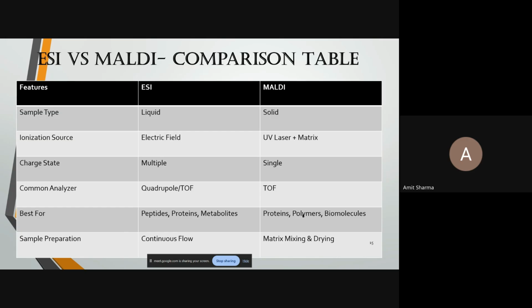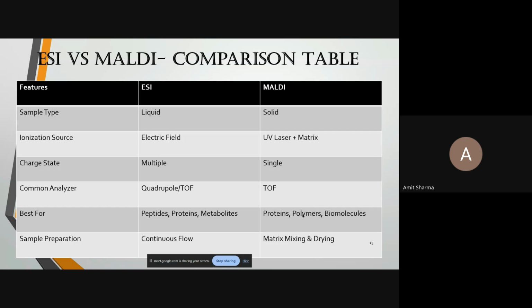And the common analyzer used for analyzing the data in ESI is quadrupole or time of flight, and for MALDI, it is only time of flight. ESI is best used for peptides, proteins, and metabolites, whereas MALDI is best used for proteins, polymers, and biomolecules. These both help in studying proteins and polymers.